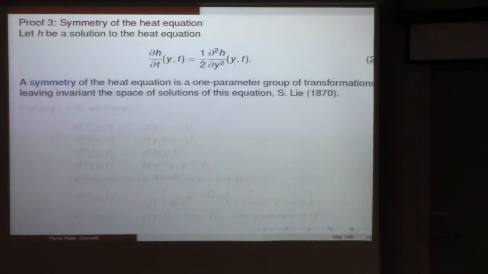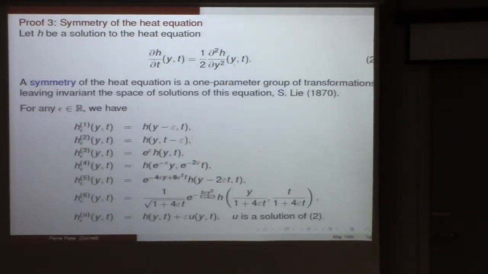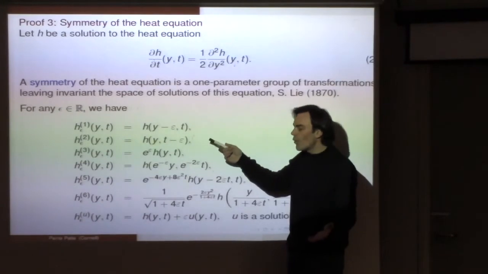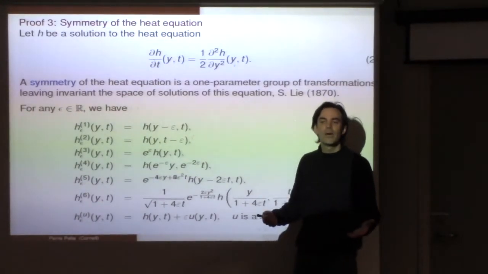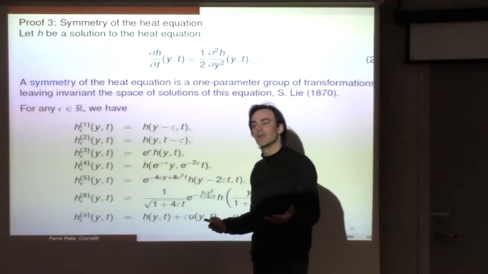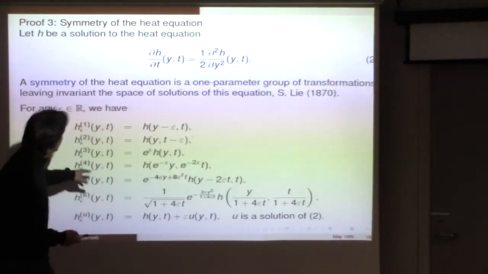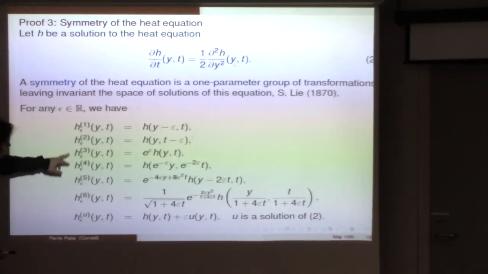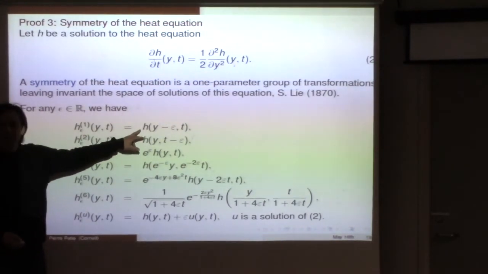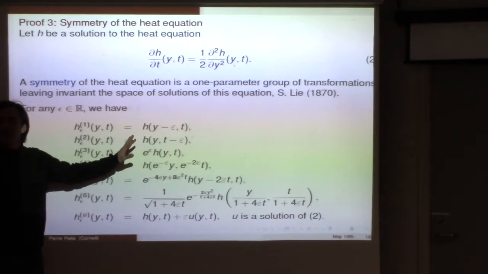So there is a deep theory behind that, and what he found, which is very nice, is that with this approach you can find all possible one-parameter groups of transformations leaving invariant the space of solutions. So you have these seven transformations. Here you can think about the transition density of a Brown motion.